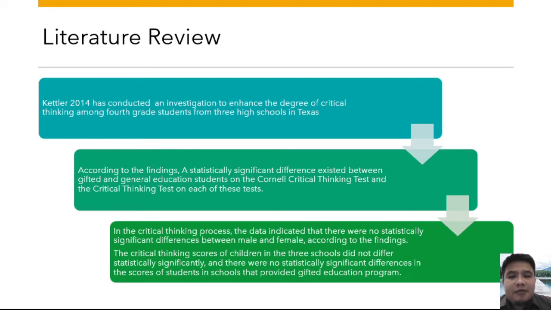In the critical thinking process, the data indicate that there was no significant difference between male and female. The critical thinking scores of the children in these 3 schools did not differ statistically significantly, and there was no statistically significant difference in the scores of students in the schools that provide the gifted education program.